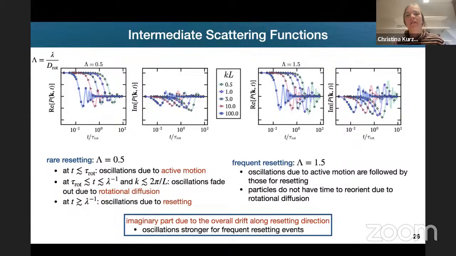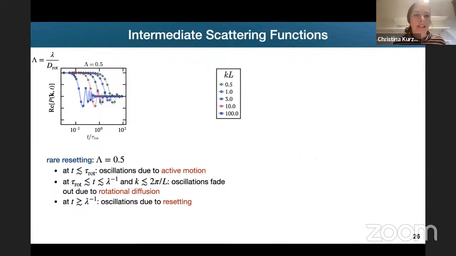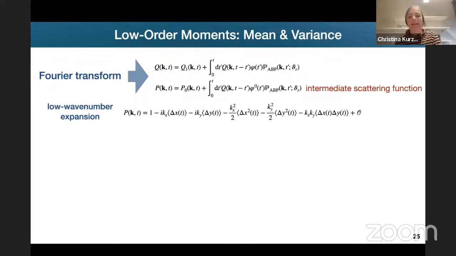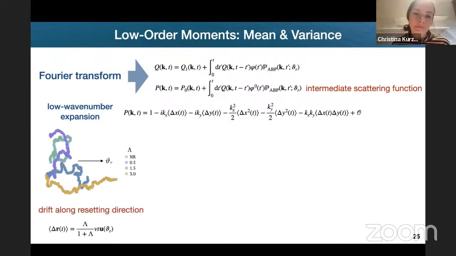Now if you measure the dynamics of your system and compute the ISF and you get an imaginary part, that indicates that there is some directionality in the system, some drift or some motion along a certain gradient, if you like. The way that this can be mathematically understood is if you go back and think about this expansion of the ISF, you would see you get the drift exactly due to these mean displacements, right? And then you will get a complex part again due to the third moment and so on.